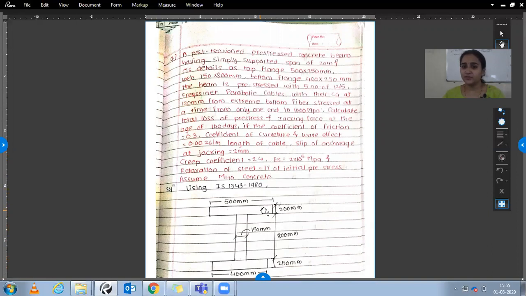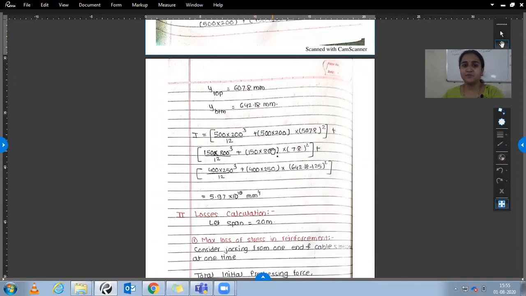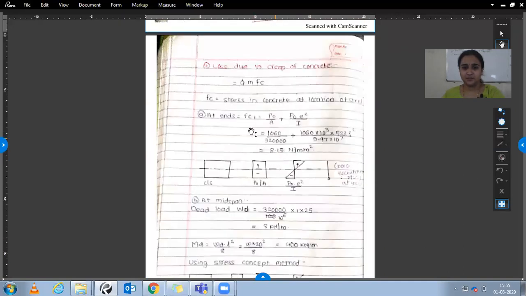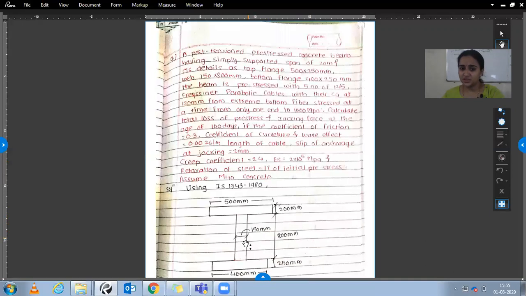The difference, because of the type of section, will be in the section properties, that is, finding the y bar, and while finding the stresses at the level of steel. That's the only difference because of the various shapes of the beam, and all the other parameters remain the same.